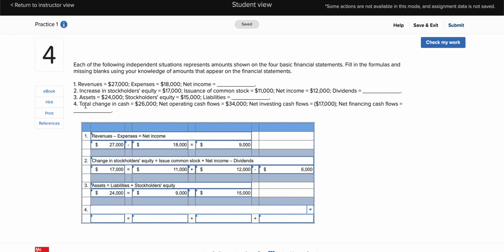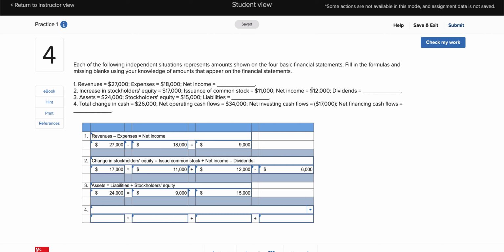And then finally, total change in cash. We had $26,000 as my beginning cash balance, and this really deals with the statement of cash flows. The change in cash is going to be equal to net operating cash flows plus net investing cash flows plus the net financing cash flows. But in this case, we do have a negative here. So that's going to be the net amount used for investing. But nonetheless, if I look at it, it's still this plus this plus this.